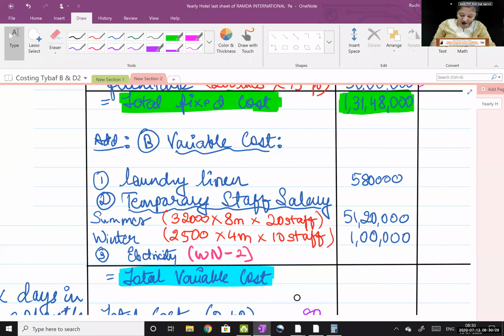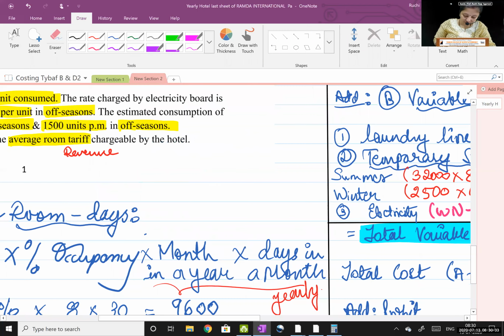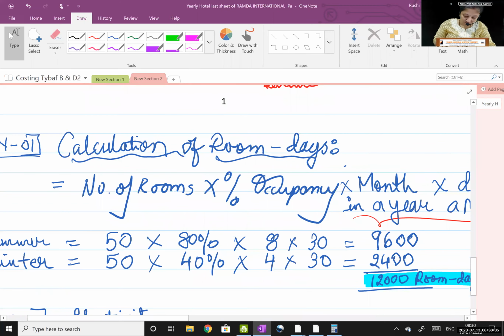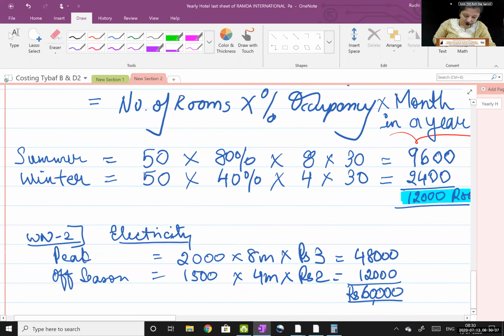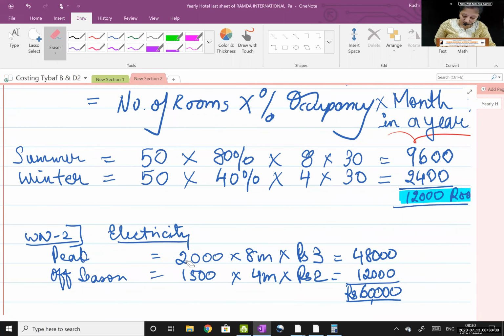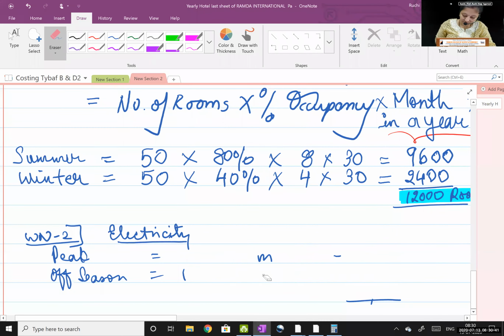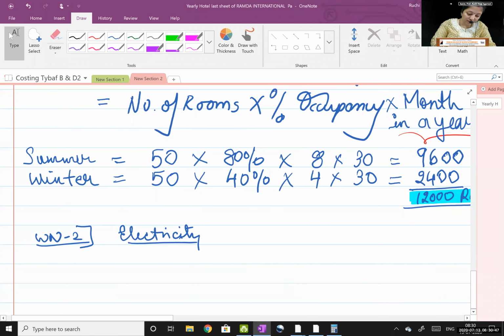Now let us calculate electricity. Same calculations for electricity. Again, peak seasons and off seasons. So you can convert it as summer and winter.